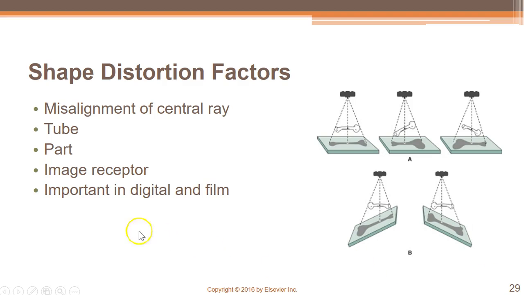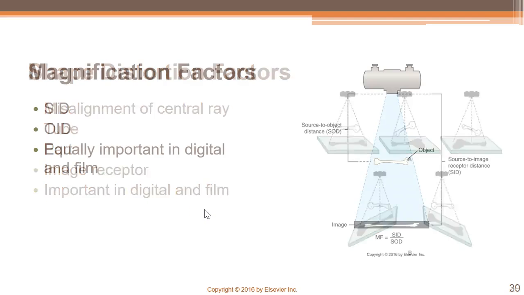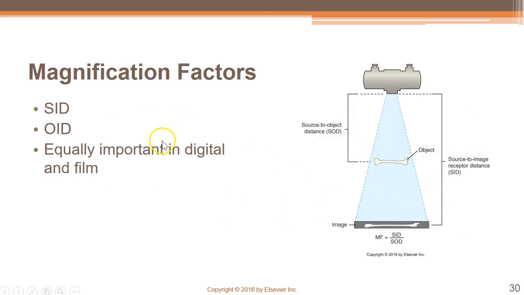So this is an important component in digital and film. Now we're going to be more concerned about the digital, but you need to make sure that you understand it can happen in either way, so do your best not to. Here's a quick thing on the magnification, just because it was there.